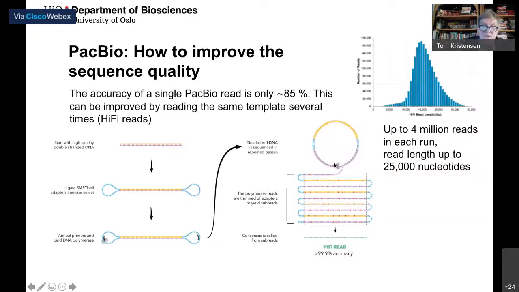And you immobilize, you put this immobilized polymerase in the correct position, and it can read the same sequences several times here. So in this case, it will read both the direct strand and the complementary strand, and it can read each of them several times, as long as the polymerase is able to continue.